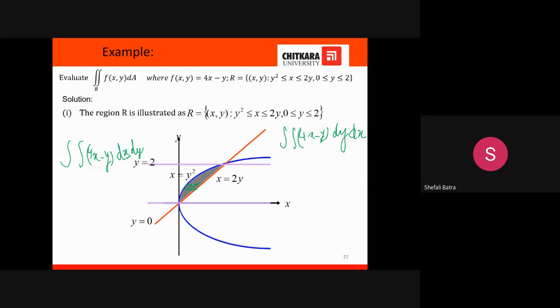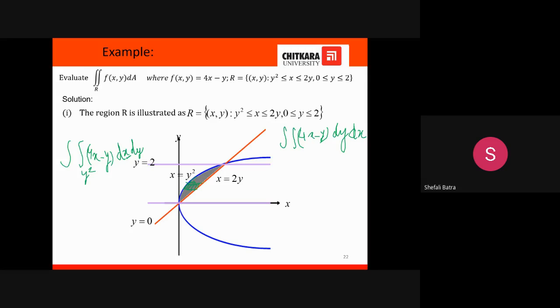Right? So what will be the lower limit and what will be the upper limit? This strip is starting from here, and this is defined by what? x is equal to y square. This is your lower limit, and this curve is defined by x is equal to y square, so you will be writing here y square.